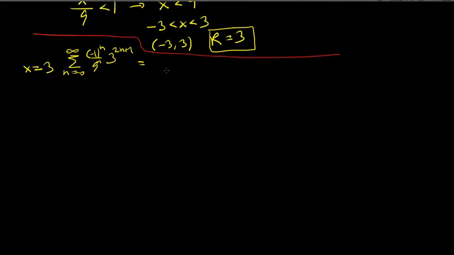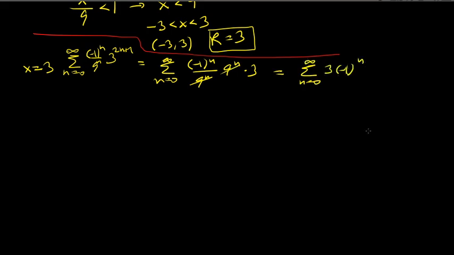So what does that get us? The sum from 0 to infinity, we still have negative 1 to the n over 9 to the n. And then 3 to the 2n is 9 to the n, so this is 9 to the n times 3 to the 1, which is 3. So the 9 to the n's cancel, and we're just left with the sum from 0 to infinity of 3 times negative 1 to the n.